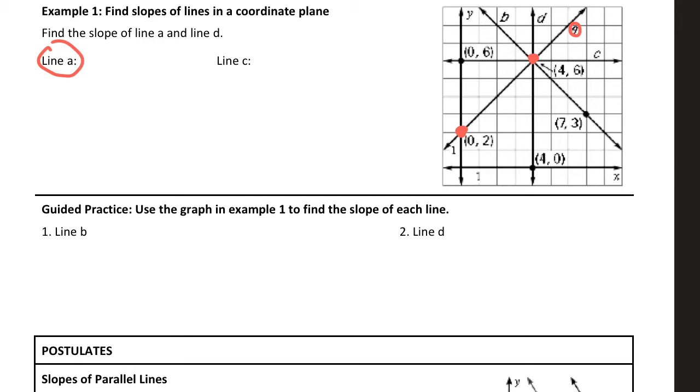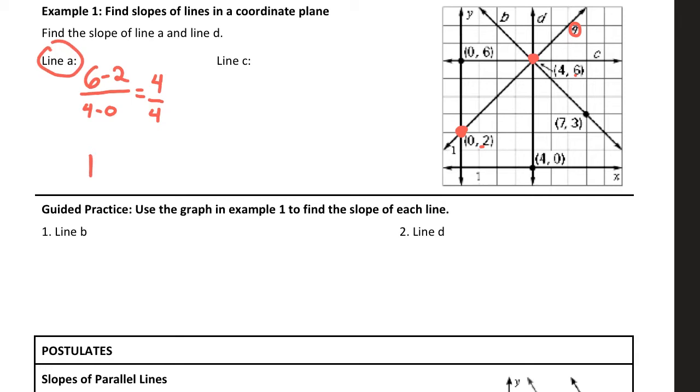So I can find this slope two different ways. What I'm going to do is take 6 minus 2 on the top, and then I'm going to take 4 minus 0 on the bottom. So that slope becomes 4 over 4. The slope of line A is just 1.